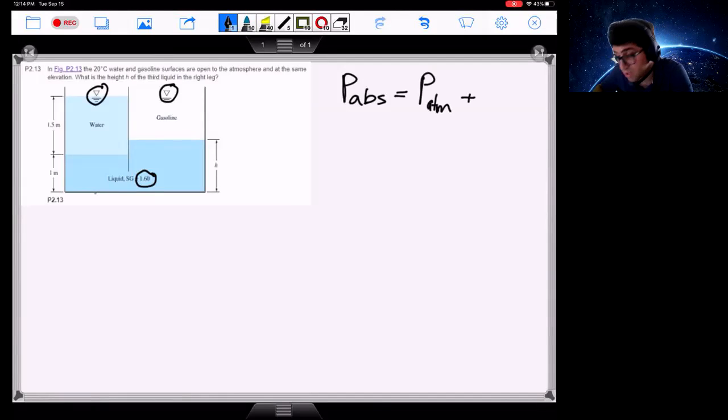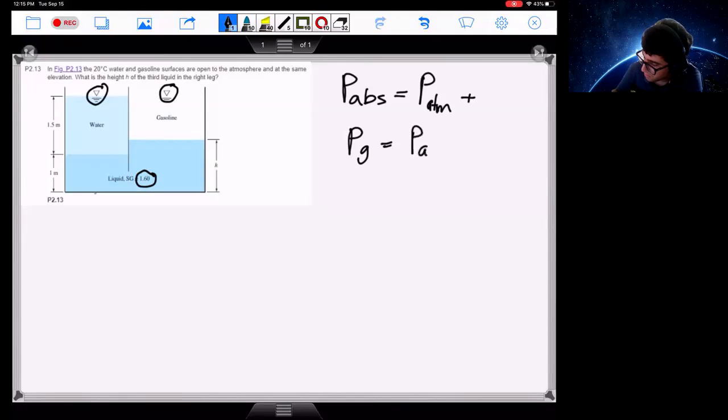This is atmospheric. You guys have the formula for this, or you don't have it in your notes anywhere? I think we have a formula similar to it, the pressure gauge formula. Okay, let's go with the pressure gauge. So P gauge is equal to, can you give me the formula? Is it P absolute minus PA?